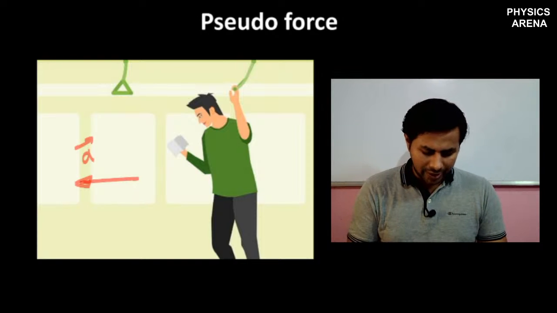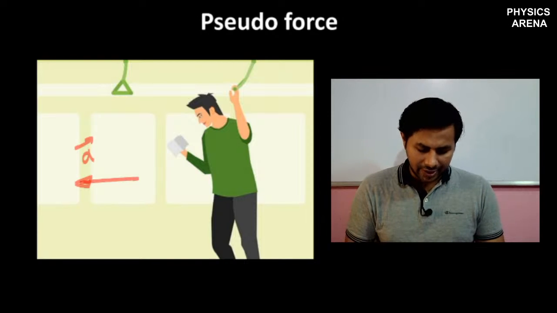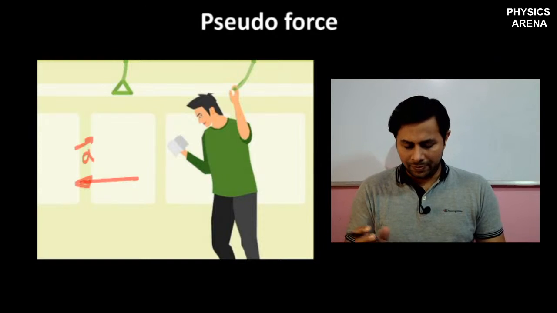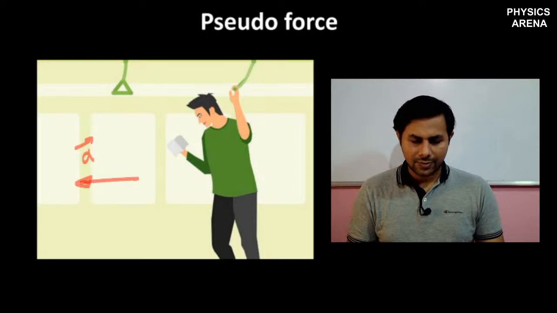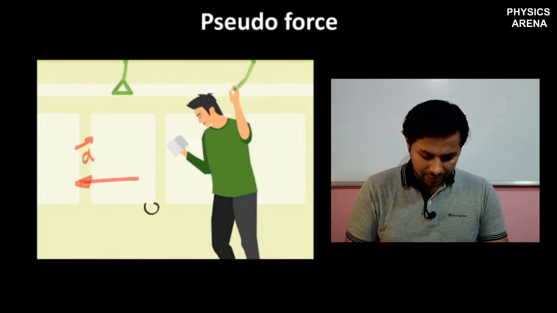Now if there are other passengers who are watching the motion of this man, can they explain this motion? Can they apply Newton's laws and tell what's happening? Let's suppose there are other passengers over here.